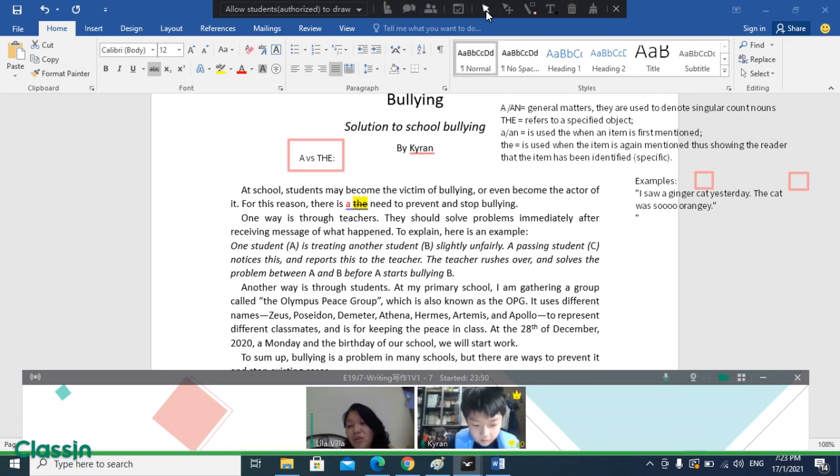I saw a ginger cat yesterday. The cat was so orangey. What is a ginger cat? It's an orange colored cat. Usually they call it a marmalade cat.